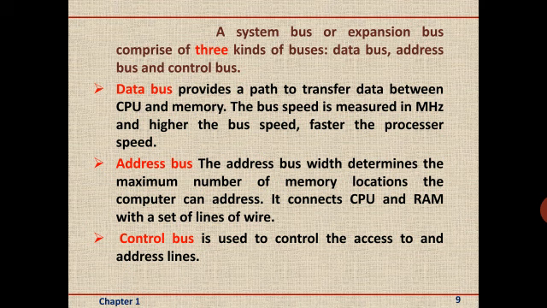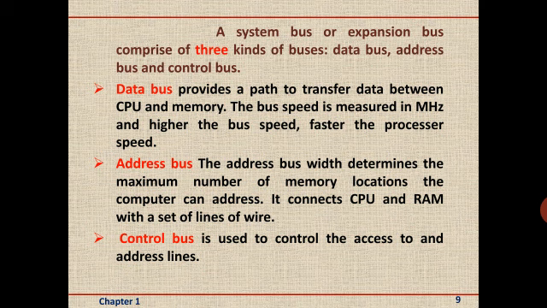It may consist of 32, 64 or 128 lines of wire. The data bus width affects the speed of the computer.